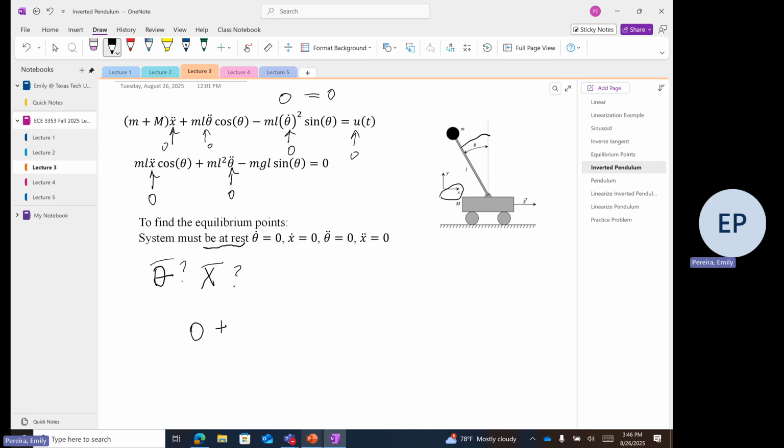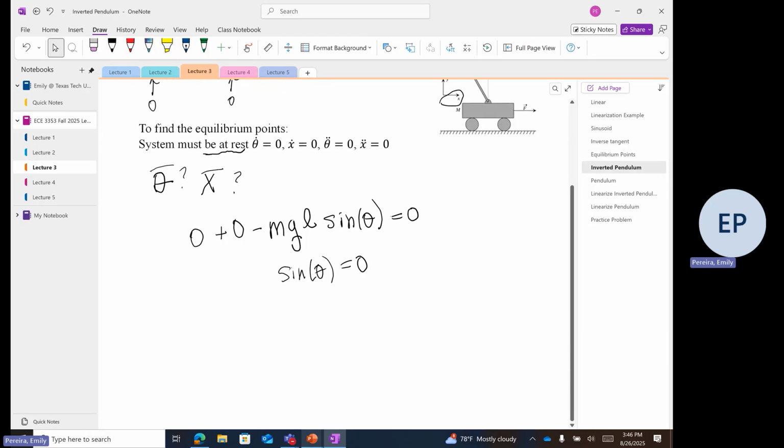So we have 0 plus 0 minus mgl times the sine of theta equal to 0. And so sine of theta is equal to 0, and theta then must be 0 or pi. So this is our equilibrium point.